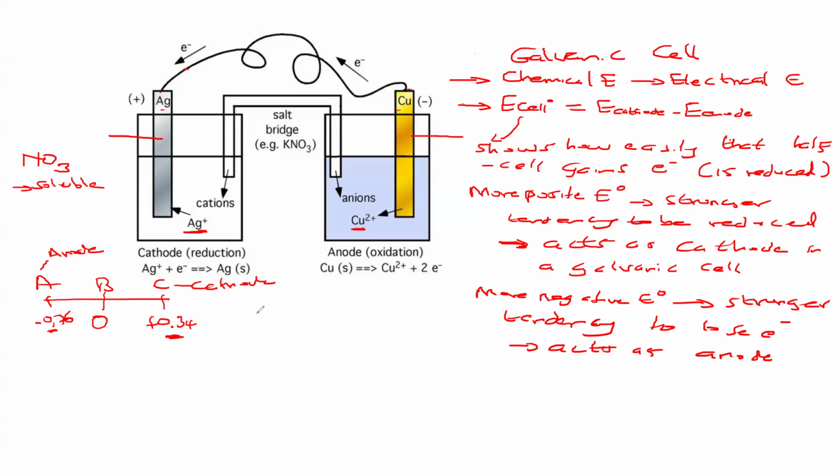So in terms of redox, what do we know? We know that redox means reduction and oxidation. That's what redox is. One part is reduction, the other part is oxidation. And what do we know about reduction?